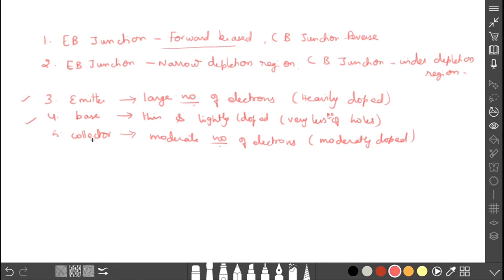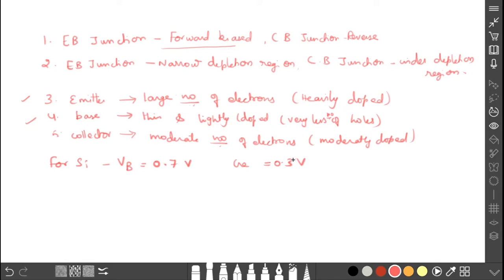so that the electrons gain energy and cross the junction. For silicon the potential barrier is 0.7 volt, so the forward biasing should be greater than 0.7 volt so that the electrons move across the junction. For germanium it should be 0.3 volt.